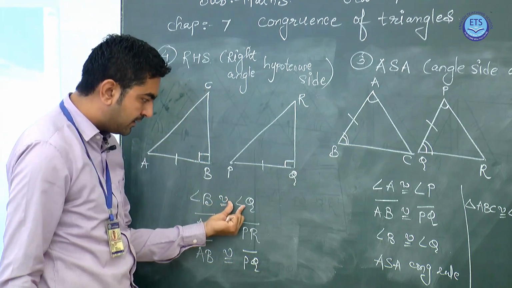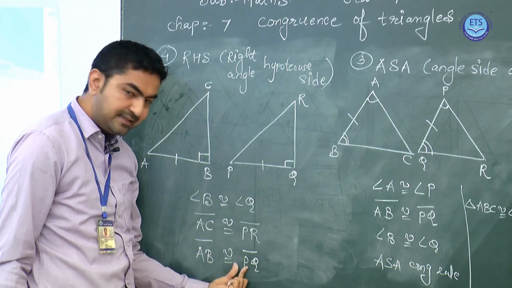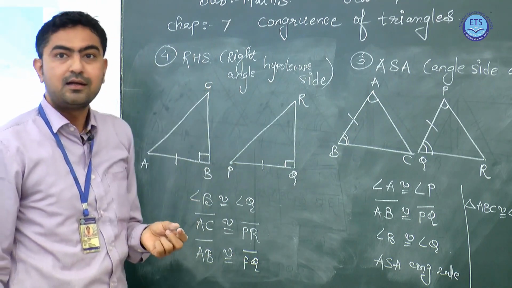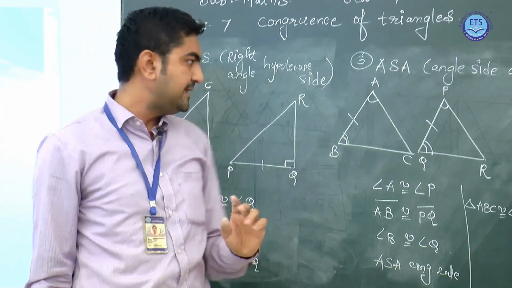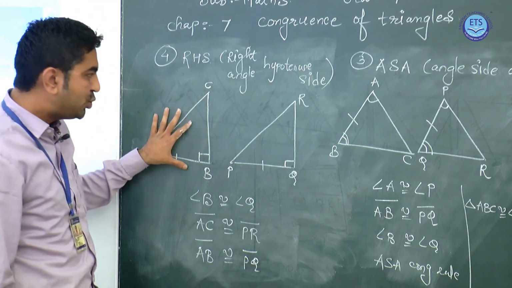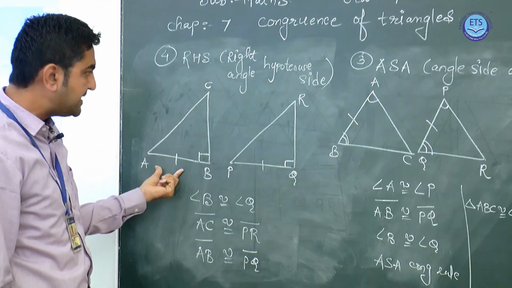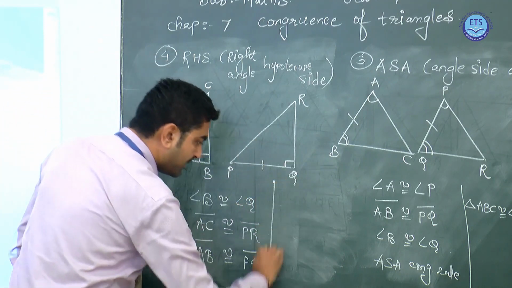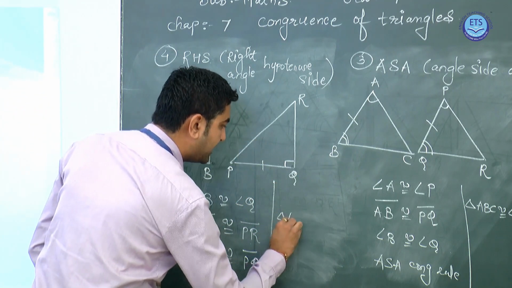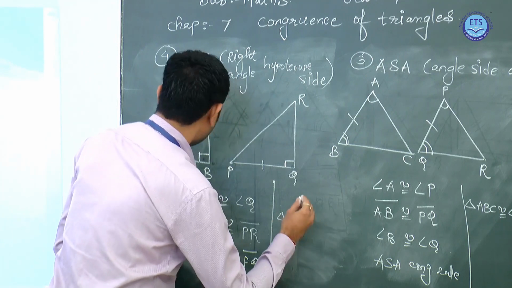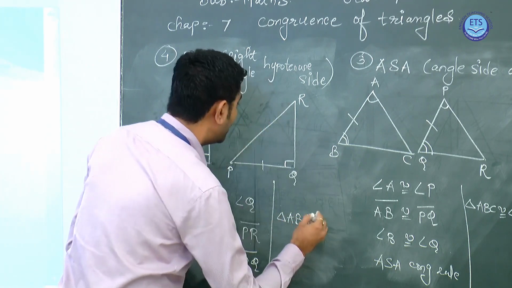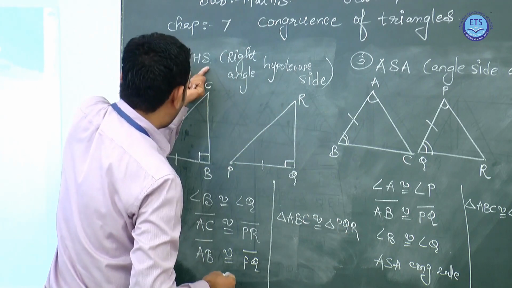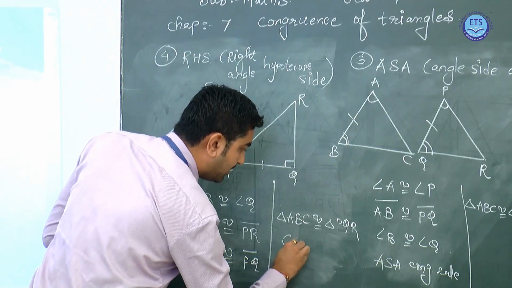Right angle, hypotenuse, and this is side. So by using the RHS criterion rule, you can easily say that triangle ABC and triangle PQR are congruent. You should write: triangle ABC is congruent to triangle PQR by the RHS criterion rule.